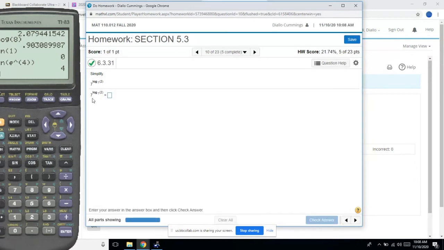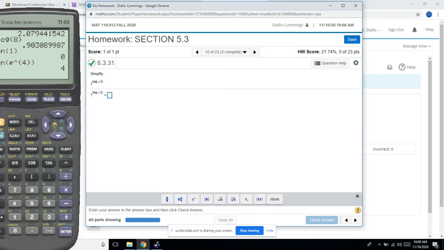So here we have 7 raised to the power log base 7 of 2. Notice that the base of my exponent is 7. The base of my log is 7. So the value should equal the argument of my log, which is 2.